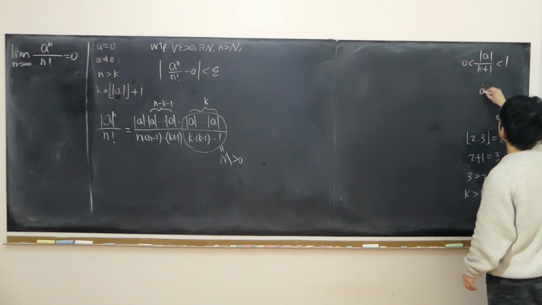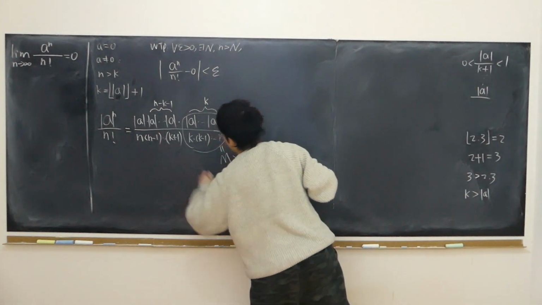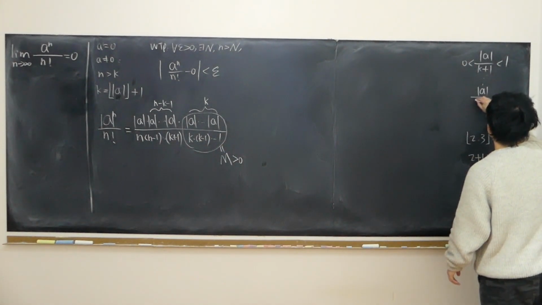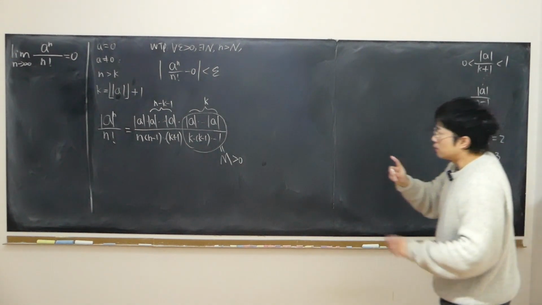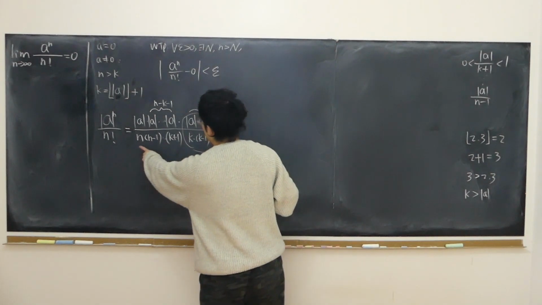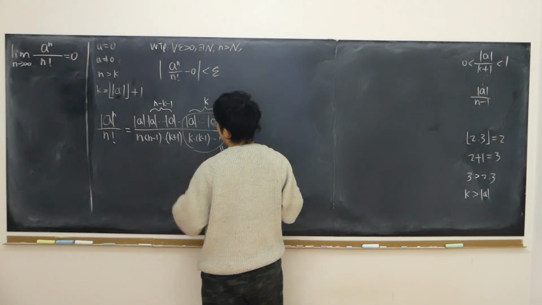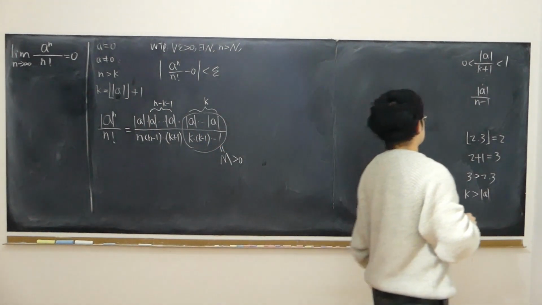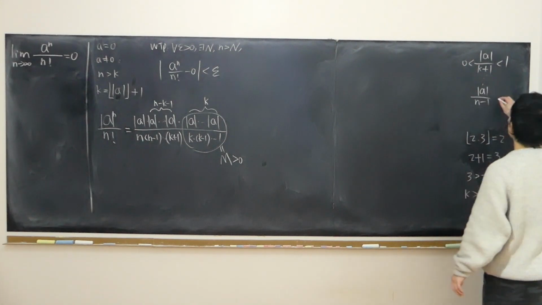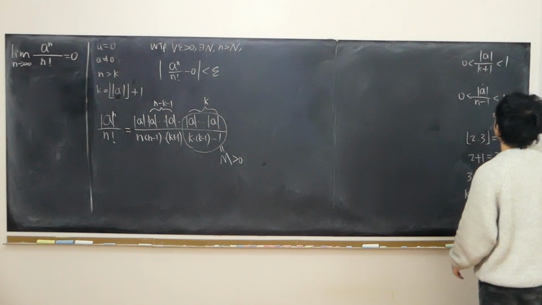In general, absolute value of a over n minus 1. Right? Because like I said, n is large enough, way larger than k. Right? Because in the end, n will tend toward infinity. So this is perfectly fine. So again, less than 1, larger than 0 for the same reason.